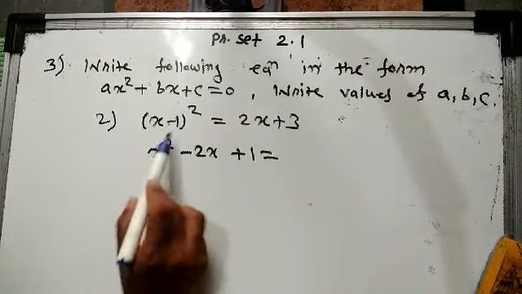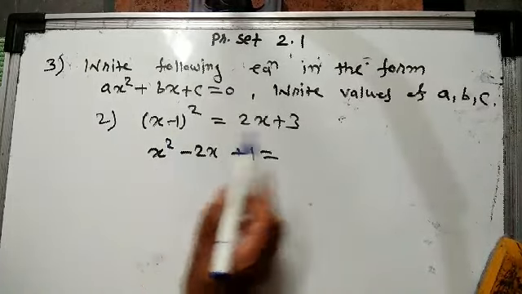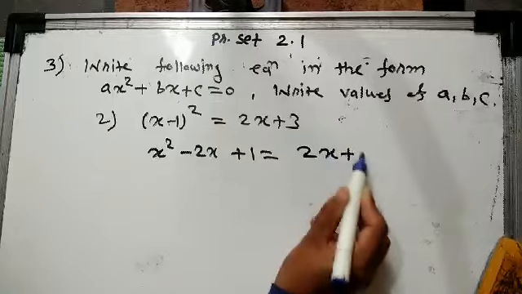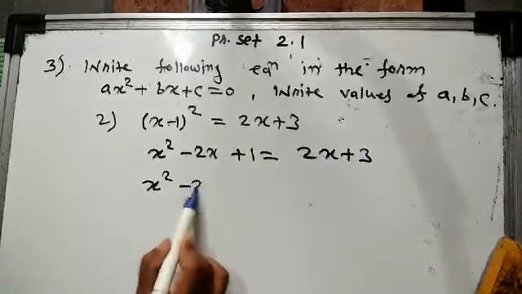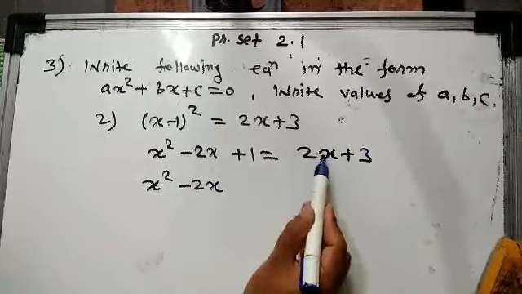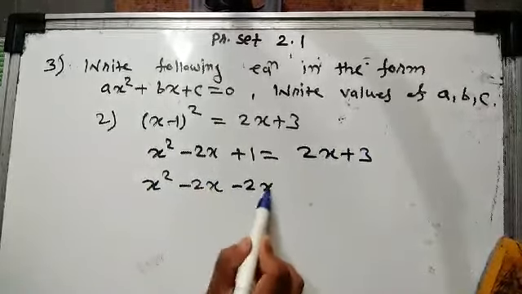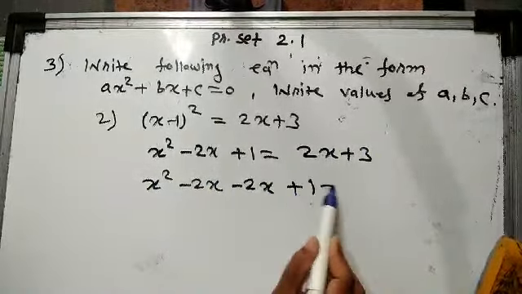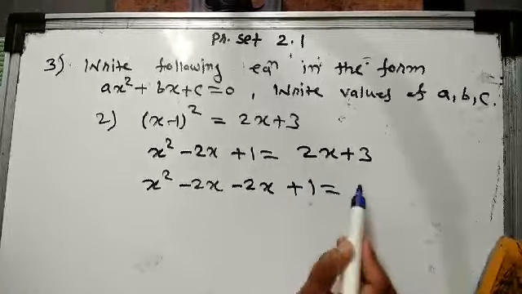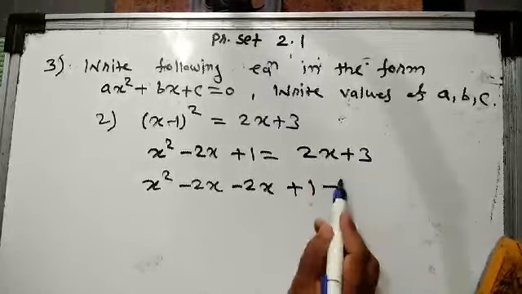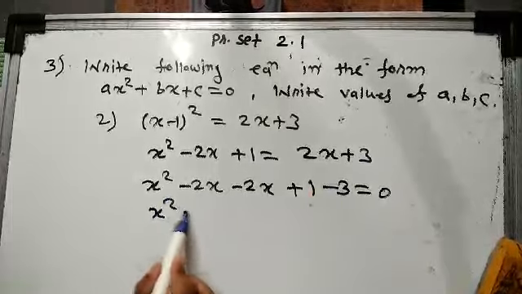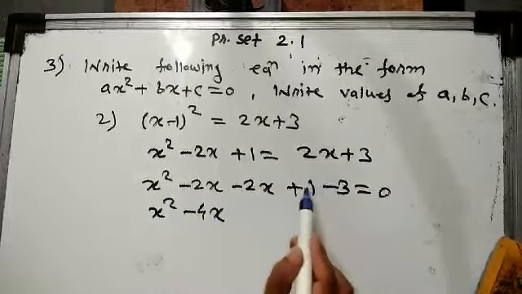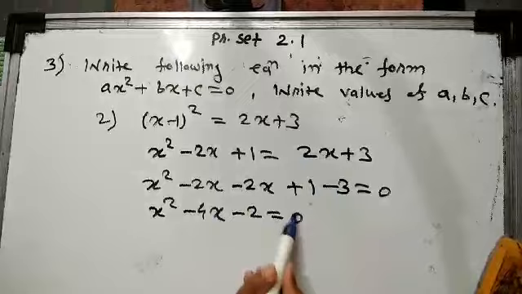By using this formula, we can write this expansion, 2x plus 3 as it is. Here x square as it is, minus 2x as it is. When we write this 2x to the left hand side, minus 2x, this plus 1 as it is, and this plus 3 becomes minus 3 is equal to 0. Minus 2x minus 2x, that is minus 4x, minus 3 plus 1, that is minus 2 is equal to 0.